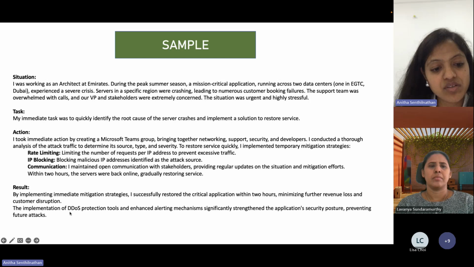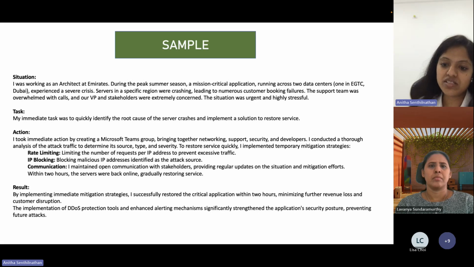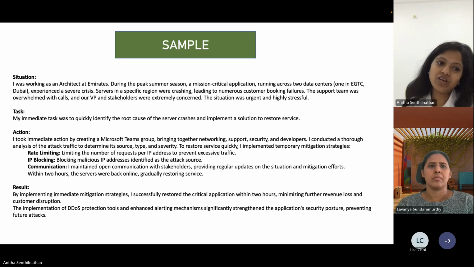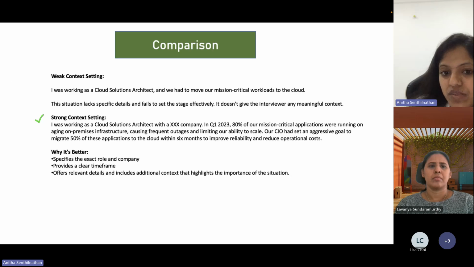The implementation of DDoS protection tools, which I am going to do in the future, and an enhanced alert mechanism significantly strengthened the application security posture, preventing future attacks. If we give these kinds of answers, they can imagine what we are going through, so it will be easy for us as well as for them. When we plan and prepare beforehand, it will be very useful at interview time.